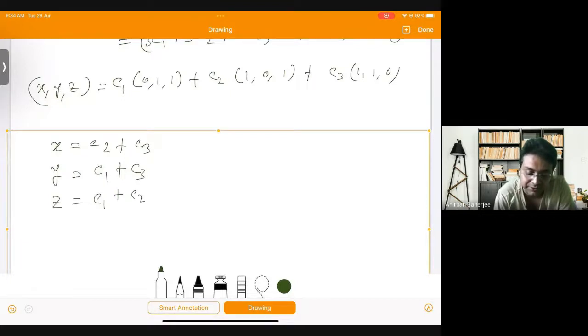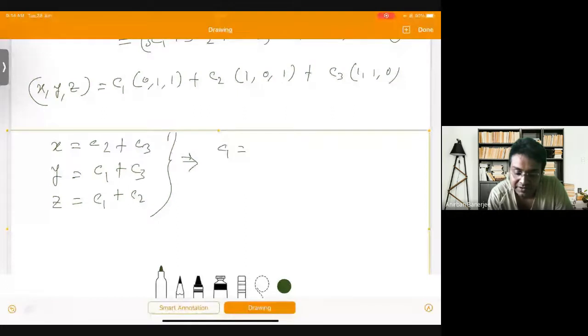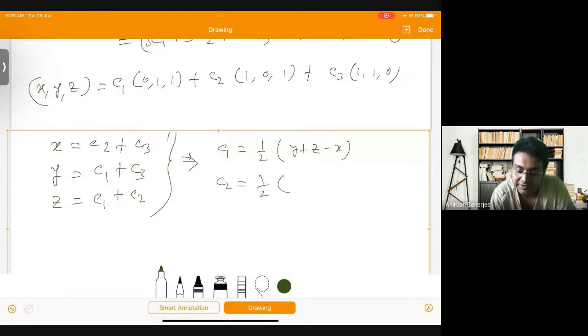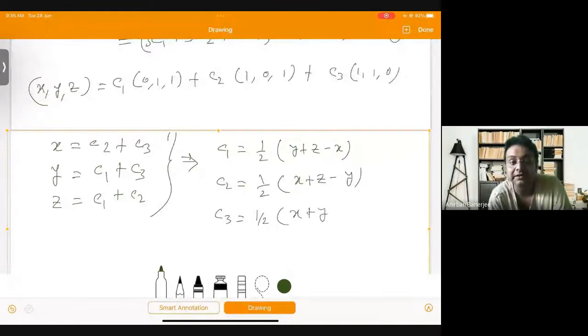Now if you solve this, it's not difficult. You will get c1 is half of (y plus z minus x), c2 is half of (x plus z minus y), and c3 is half of (x plus y minus z).